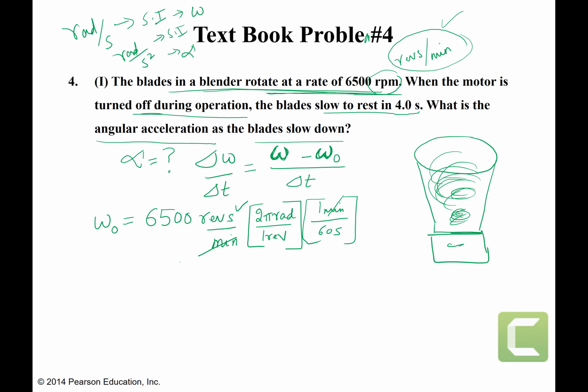All my units are in good order, and I can write this as 6,500 multiplied by 2 pi radians divided by 60 seconds. So why don't you take a calculator at this point and start getting the values here.